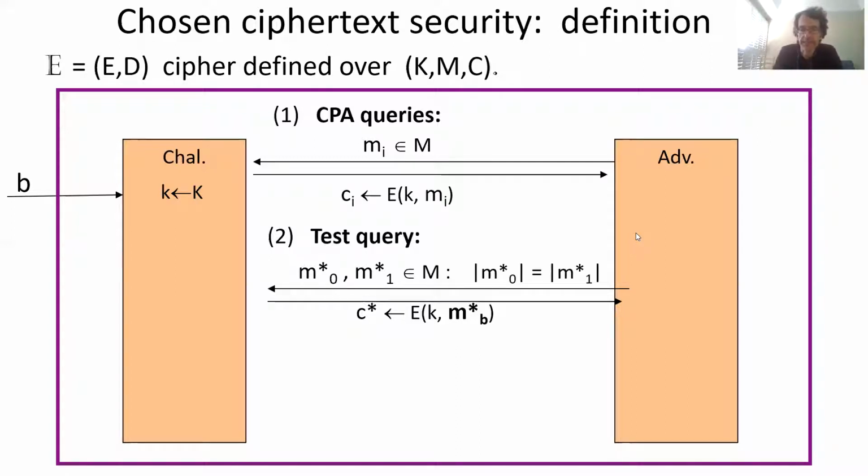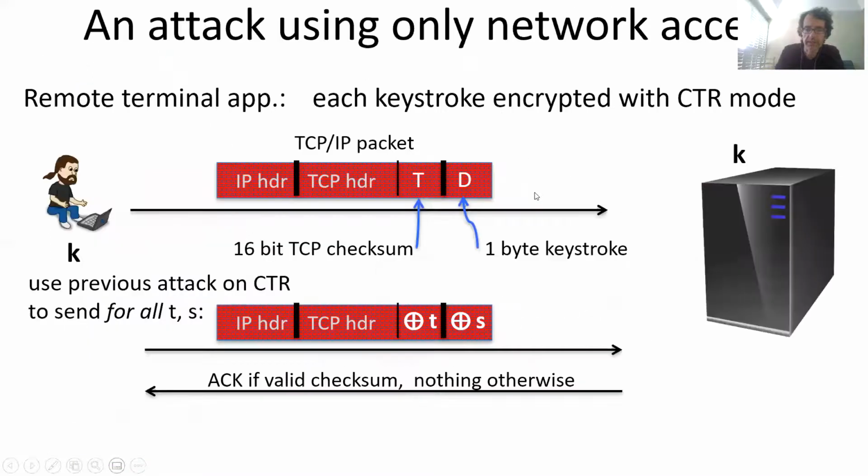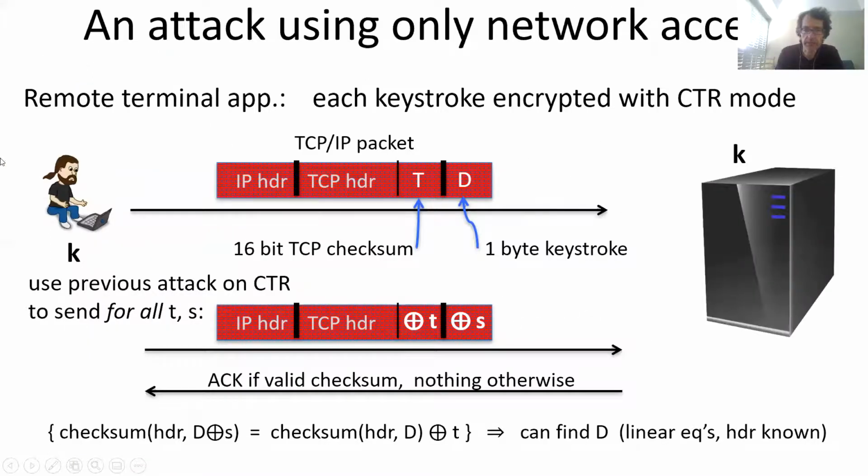Well, the thing is here that in this attack, the attacker doesn't know anything about the key. It had nothing to do with the key. It's just because the counter mode allowed me to take a ciphertext that encrypts some message under some key and modify it so that it encrypts under the same key some related message.